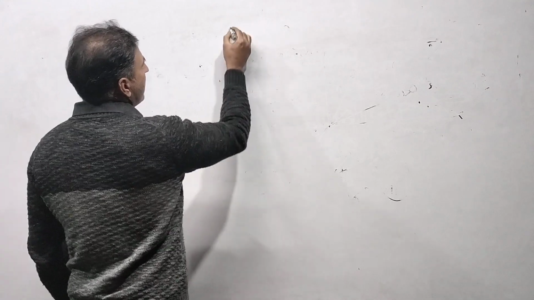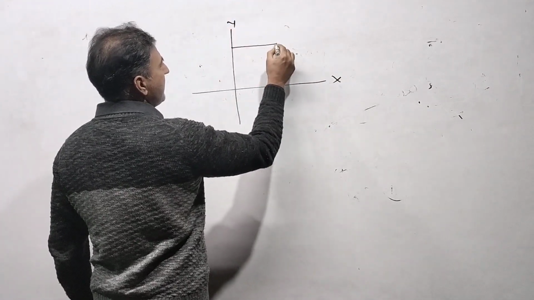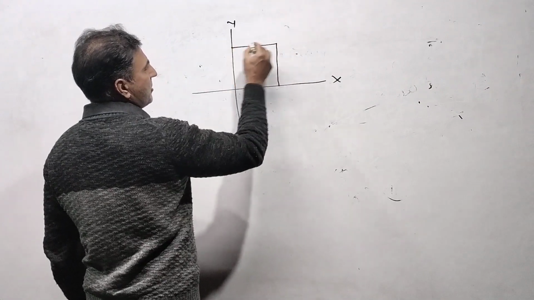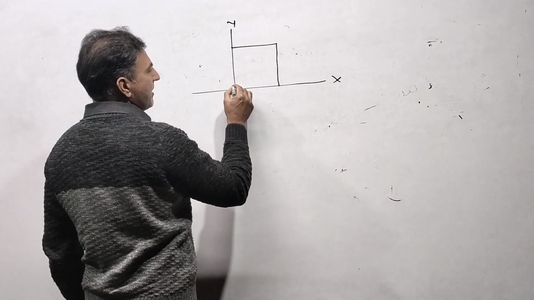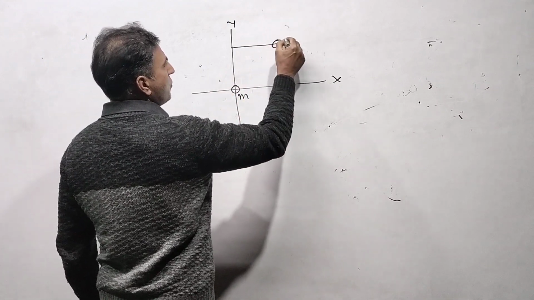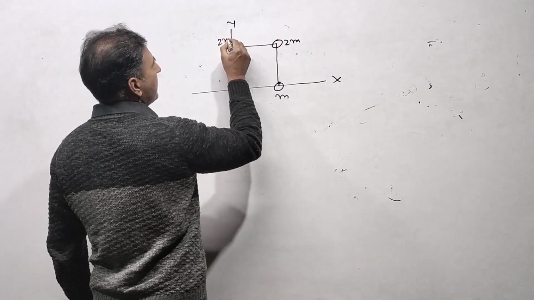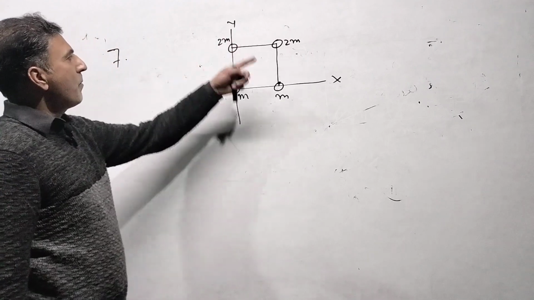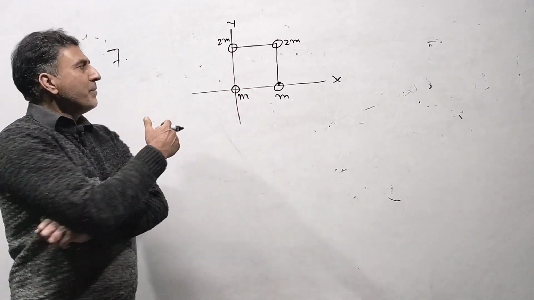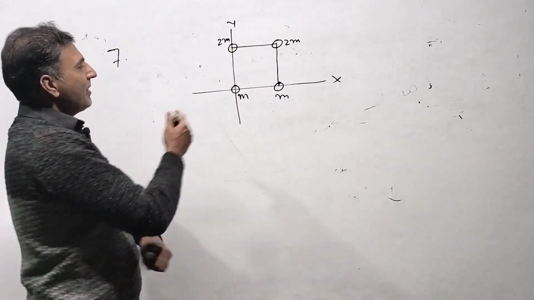Suppose it's a coordinate system, say x and y, and here it's a square geometry. There is a mass m here, mass m here, 2m here, and 2m here. These are 4 masses, and I have to find the coordinates of the center of mass of this system of 4 masses. What are its coordinates?